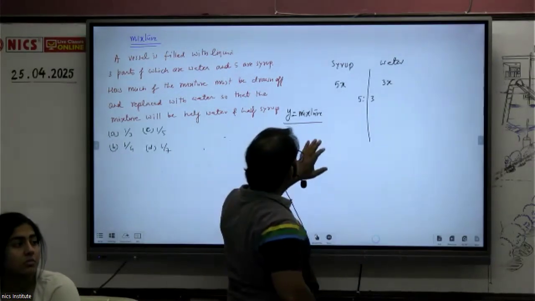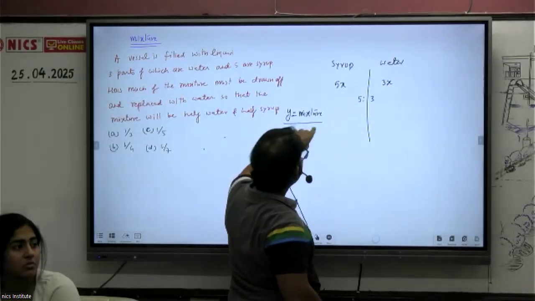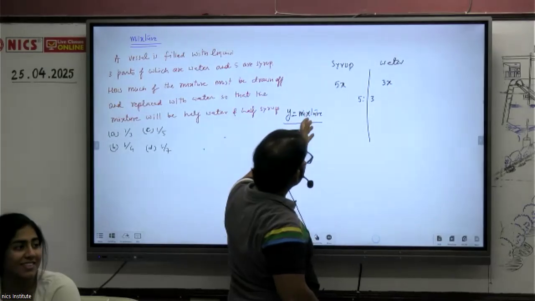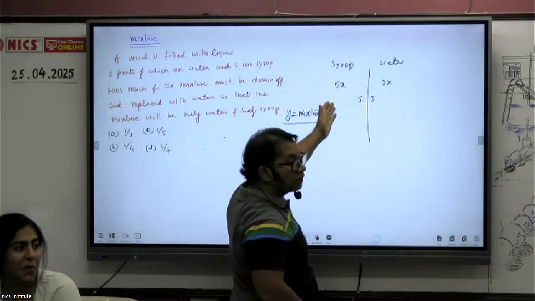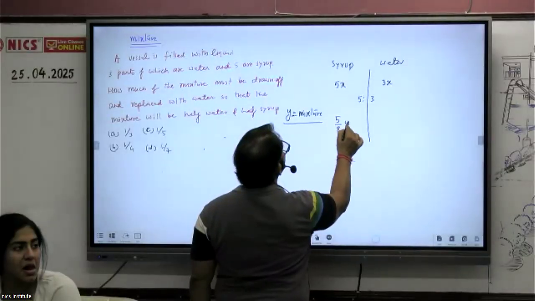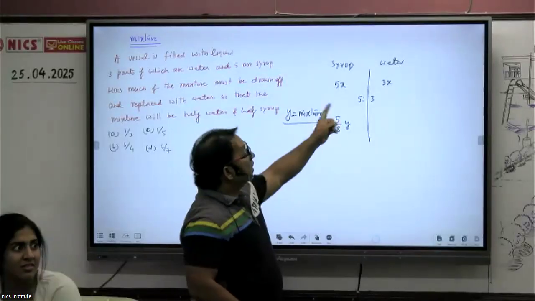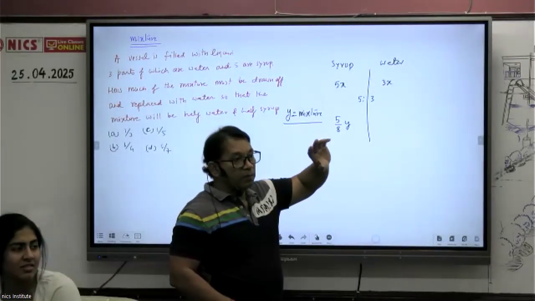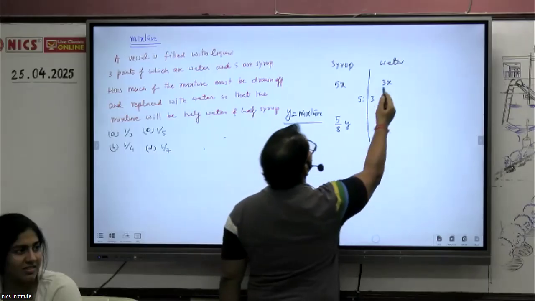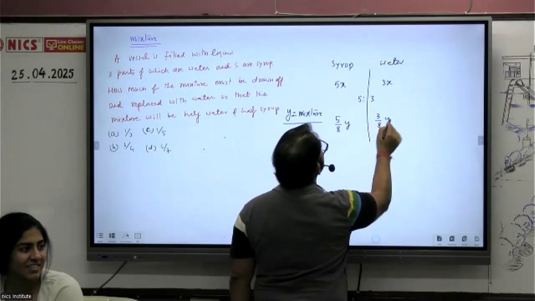So in 5x of syrup, what would be the proportion of syrup in the amount of the mixture? It will be 5/8 y, because it is 5:3. Whereas water will be 3/8 y. Is it okay?